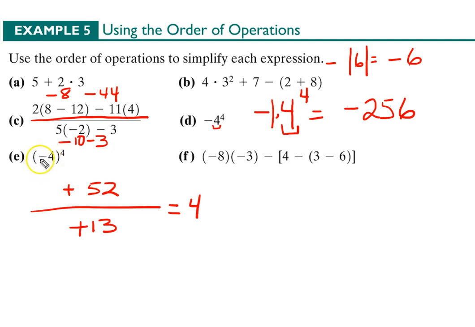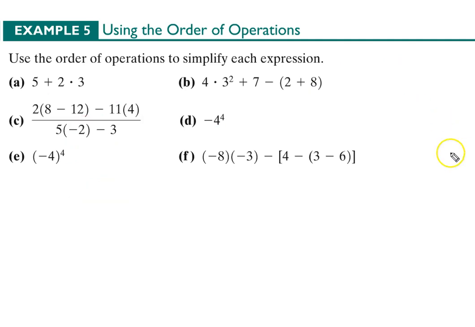So this one would be a negative 4. Now the rule is, if you're raising a negative value to an even exponent power, it's always going to be positive. So this will be a positive 256. But here it was a negative 256. All right, let's go on and do our last one.